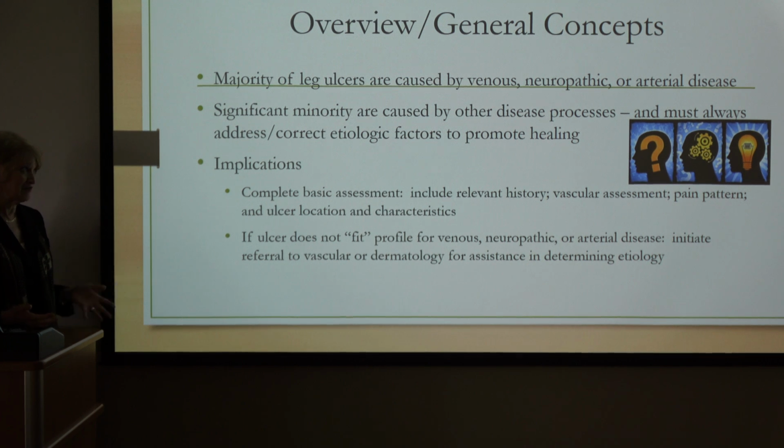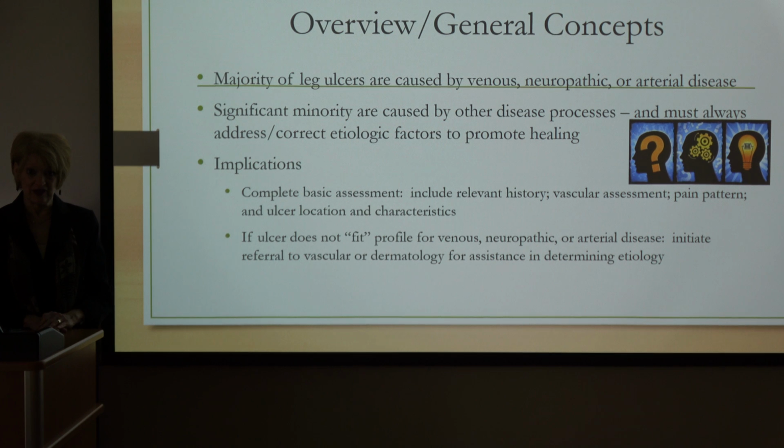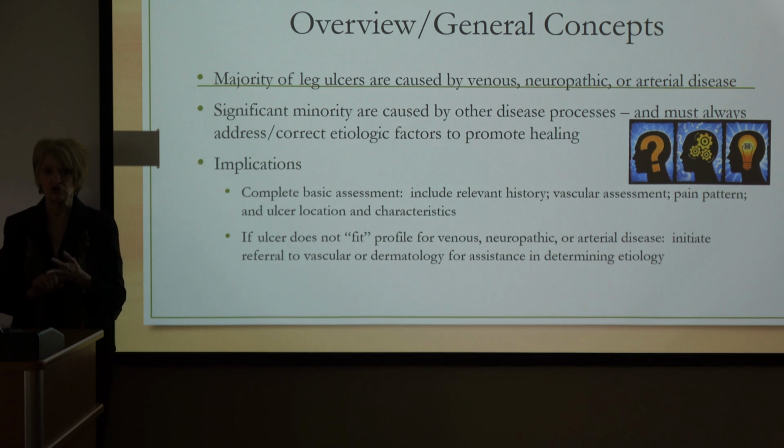So what does that mean for us? There's a lot of disease processes out there that can cause lower extremity wounds. Do we have to know them all? No. But what we do have to do is use our basic critical thinking skills. We always have to do a complete basic assessment.